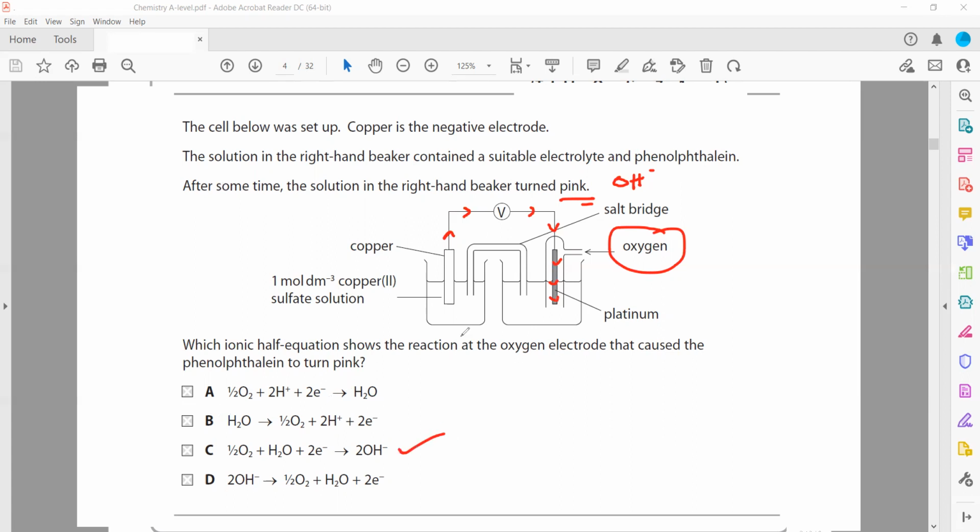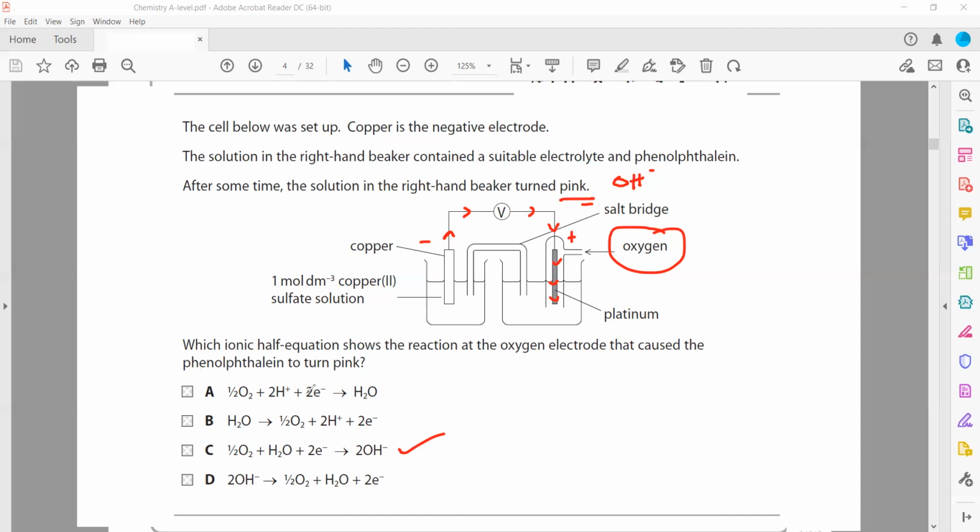That is C. Another thing which explains this is that oxygen should gain electrons, as oxygen is at the positive electrode here. In terms of the movement of electrons, on the positive electrode the oxygen should gain electrons. Which equation is gaining electrons? That is only C.